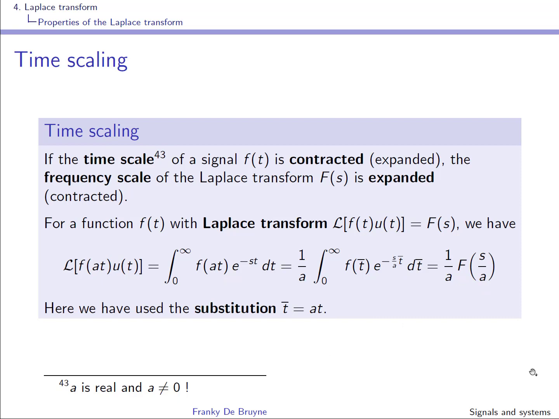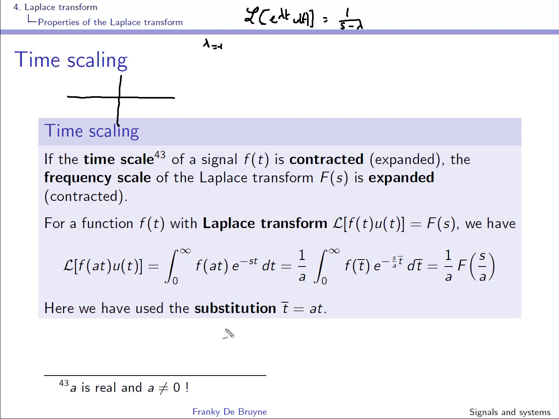So let us illustrate this using a simple example. Remember that the Laplace transform of e to the lambda t u(t) is equal to 1 over s minus lambda. Previously in the course we had written this with an a over here, but I cannot use a because here a is used in another context. So let's take an example of such a function, and I will choose lambda equal to minus 1.